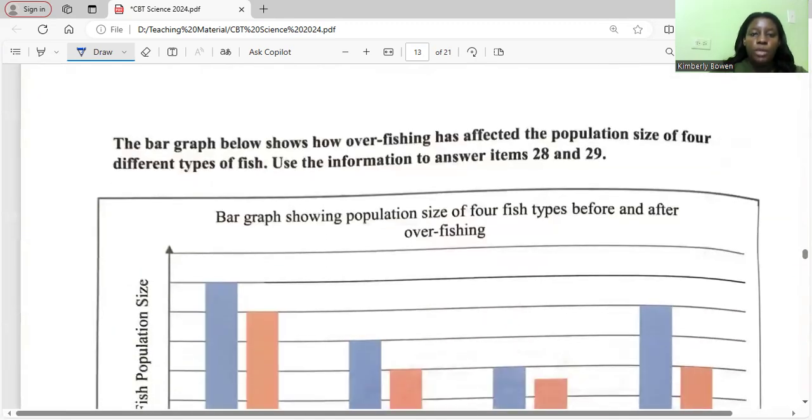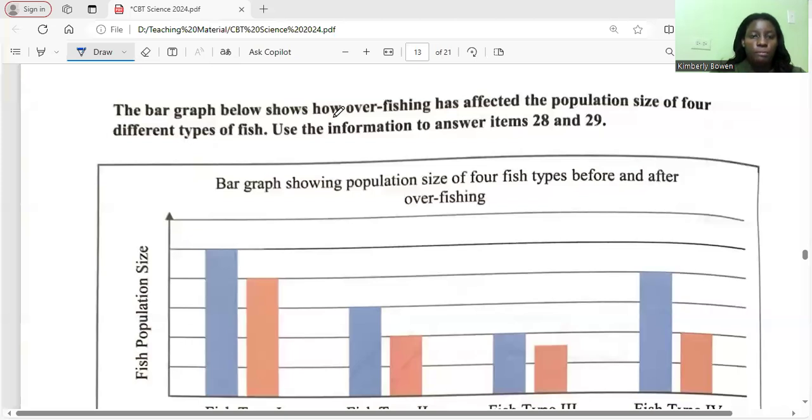The bar graph below shows how overfishing has affected the population size of 4 different types of fish.